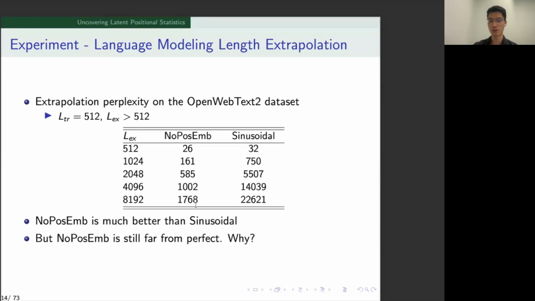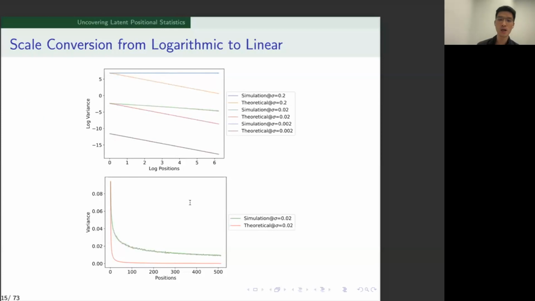But this is still far from perfect because it's around 1,700, and this is definitely not usable in real world cases. So why is this the case? I believe this can be explained by the decreasing variance lemma. Let's first convert the log variance and log position back to the linear space.